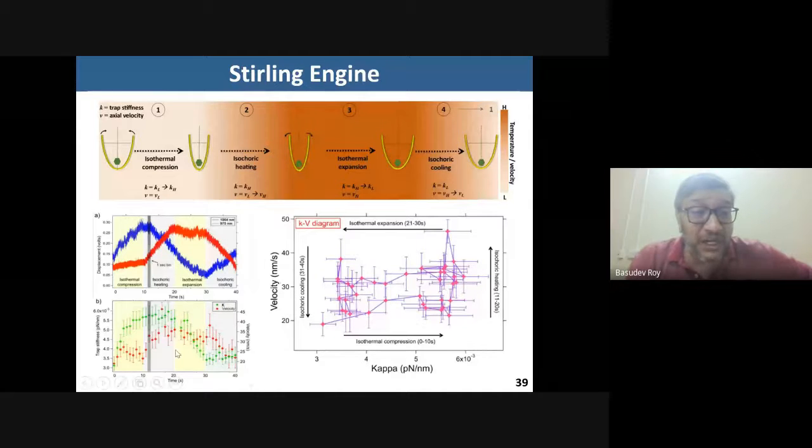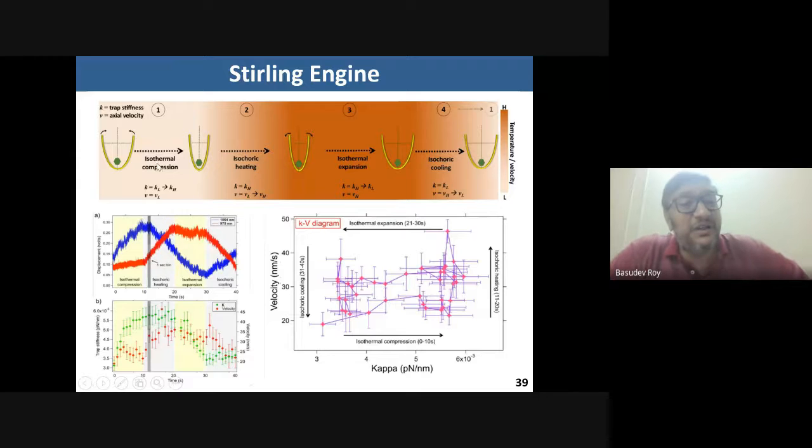So how do I generate this kind of isothermal compression? Compression is easy, you just increase the trap stiffness. However, the isochoric heating part has a bit of a trick. At 975, you get this activity, this velocity I talked about in the previous slide. But that also changes the trap stiffness of the optical tweezers.